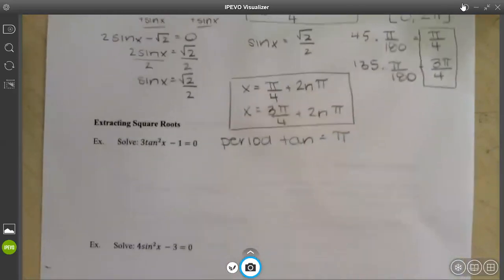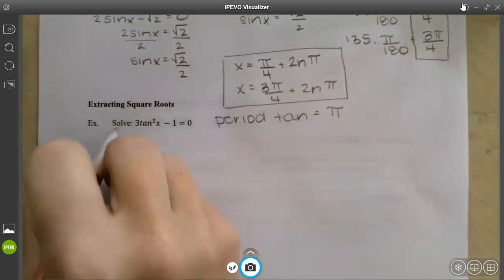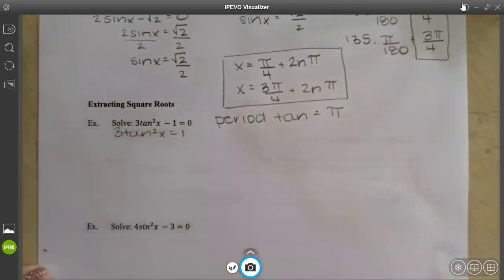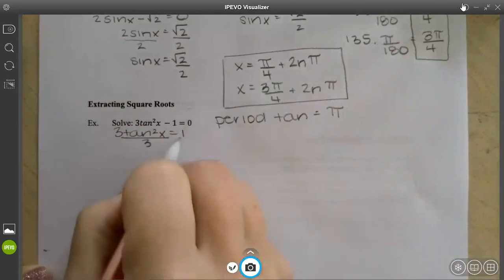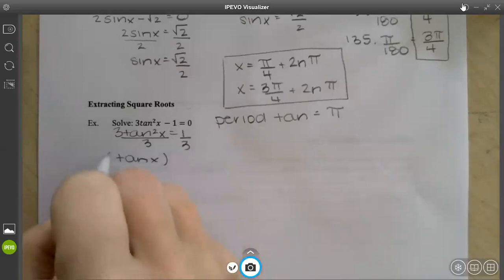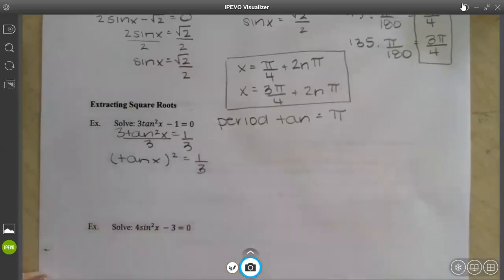Work it the same way. How do I get this tan by itself? Move the 1. And then remember that tan squared x is the same thing as tan x squared. So how do I solve that?